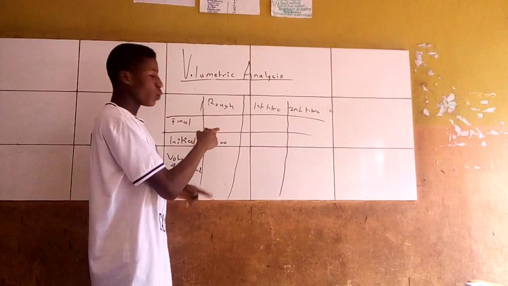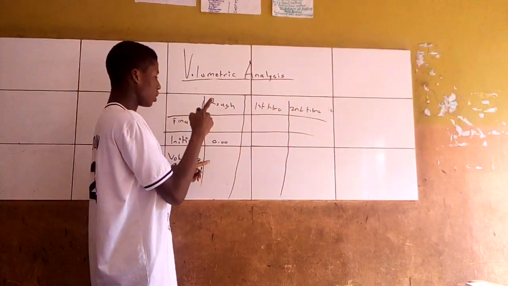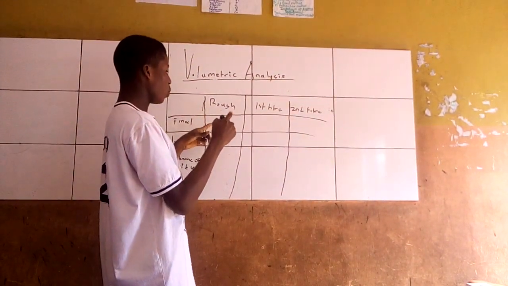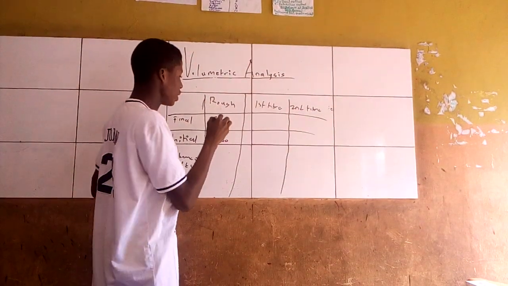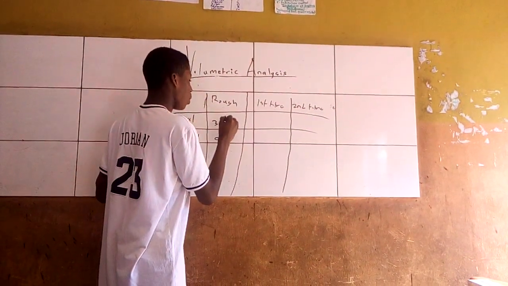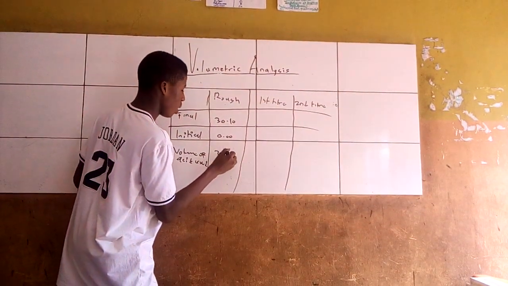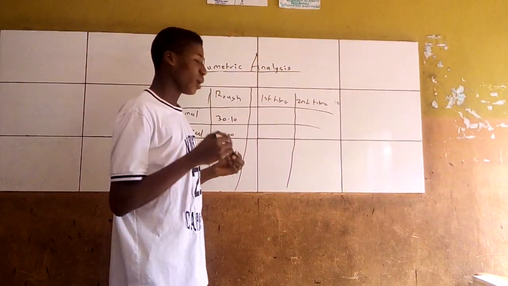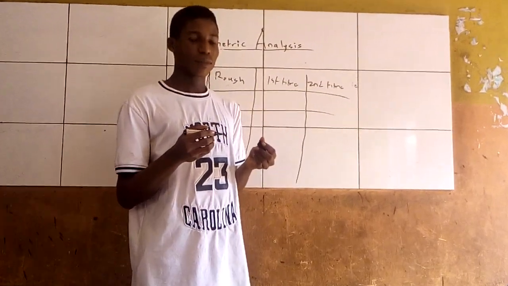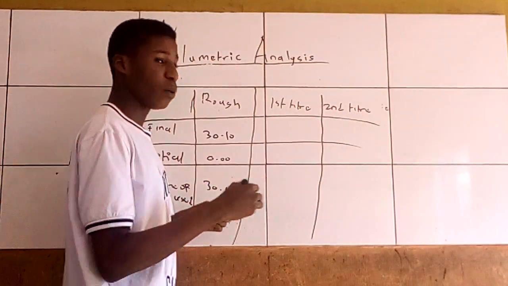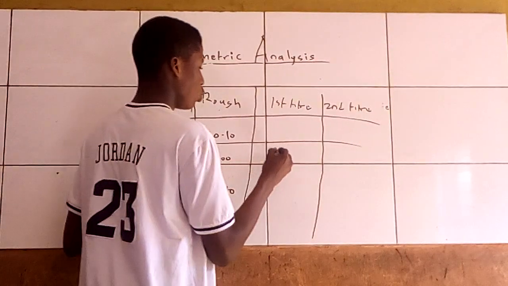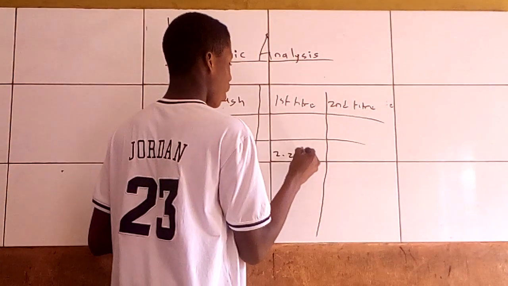Then let's say we start to release from the burette. Then when we release, we observe the color change at 30.10. Then we subtract. Your titration experiment might not give you enough acid. Let's say we refill the acid back to the 2.22 mark.